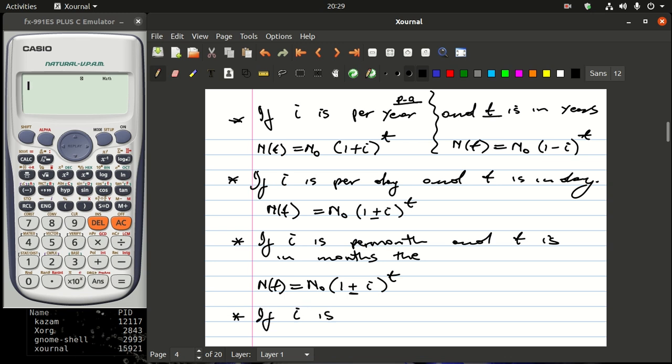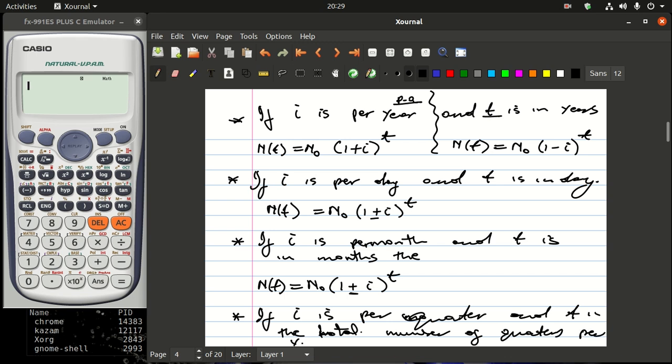If I is per quarter, and t is in quarters, meaning every 3 months, then the equation we use, let me just say here so that it is clear, if t is the total number of quarters, then the equation we're going to use is still N of t is equal to N naught, and then we have 1 plus or minus I raised to t.